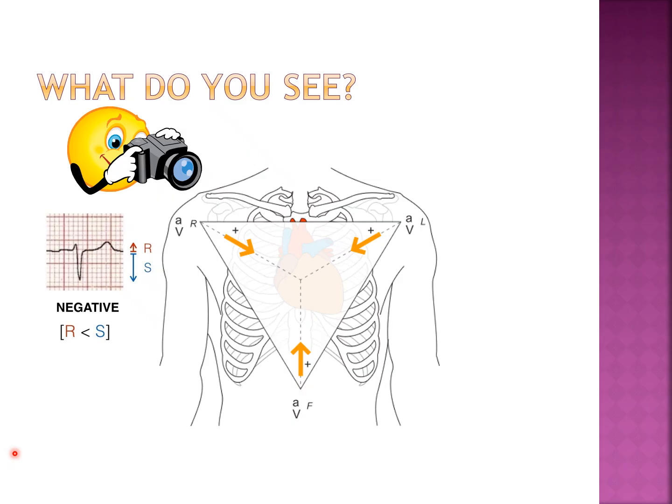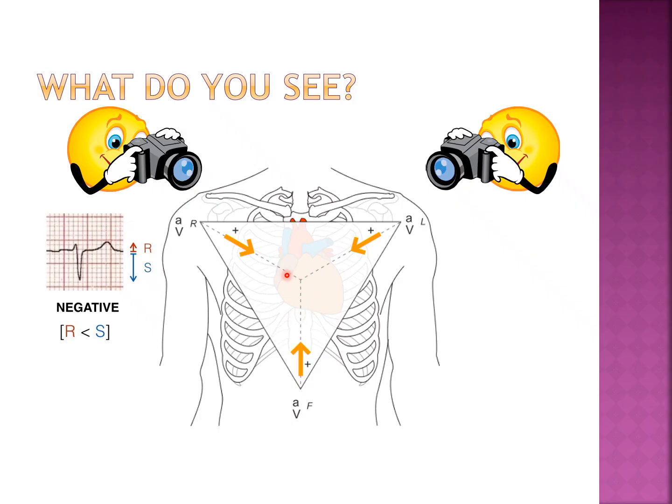So if we go over to the left side, we put our camera over here. Our AVL is also a positive lead because it is a unipolar lead. And if we remember the direction that electricity travels, down and kind of across. If you remember looking at the very first picture, you saw electricity traveling across the heart also.